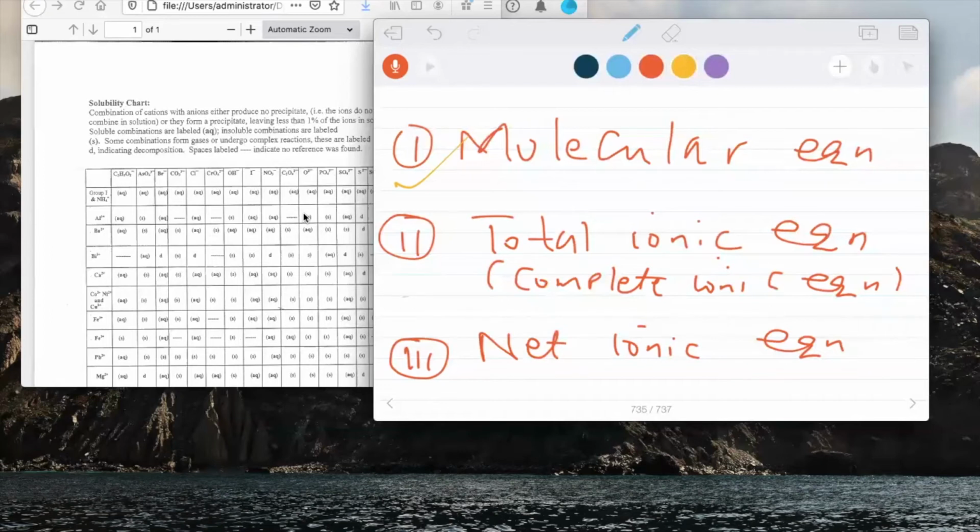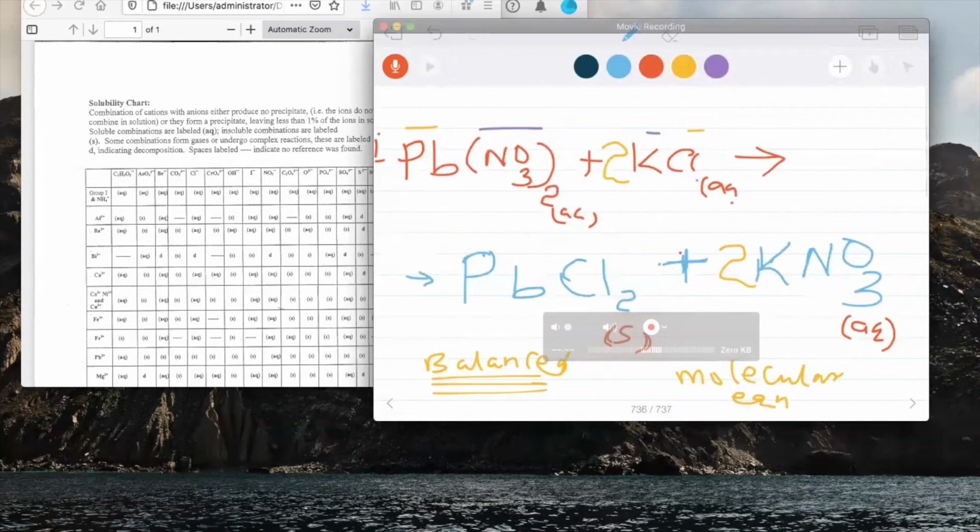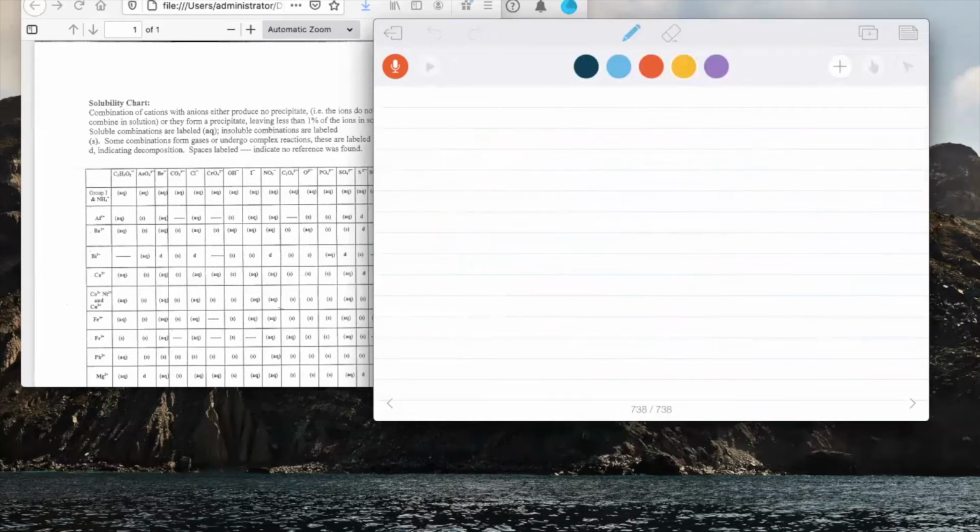This will be handy when you are deriving the total ionic equation. I'm just going to write here the second type or class of equation, the total ionic equation.